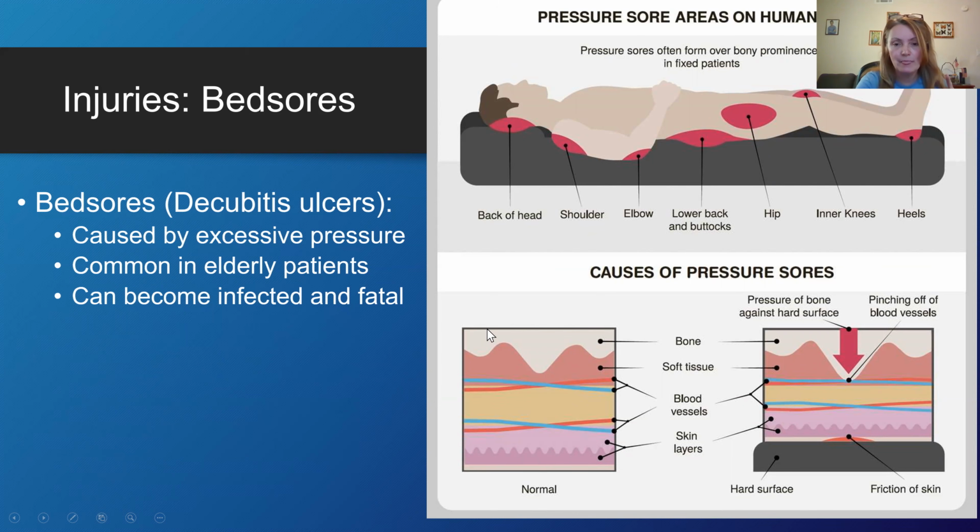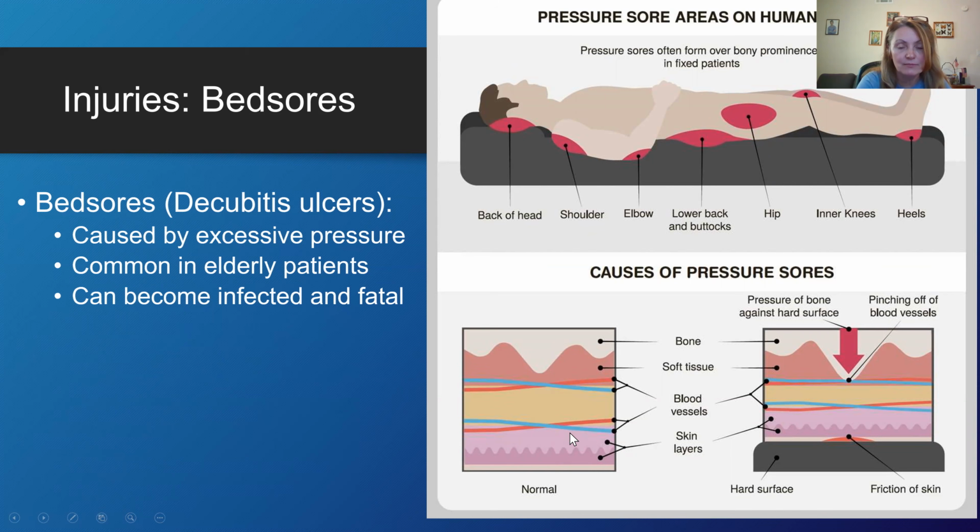You have bone over here, you have soft tissue like muscles, then you have your skin: epidermis, dermis, hypodermis, and your superficial fascia. So here we see bone, soft tissue, and skin. And soft tissue will include your muscles and your connective tissue.